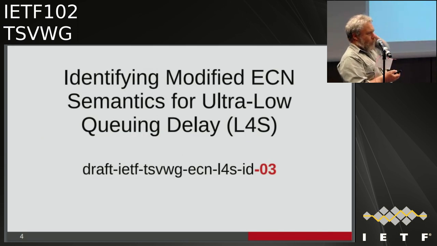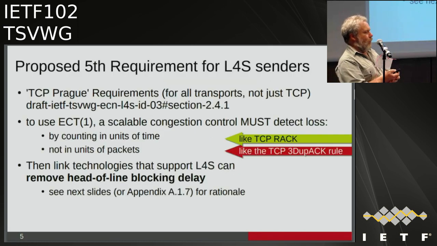So, identifying the modified ECN semantics using the ECT1 code point. The main change is within this draft we have what are sort of parochially called the TCP Prague requirements.